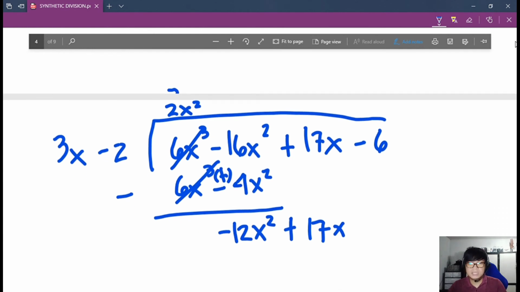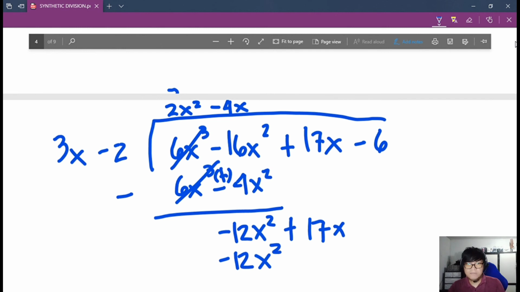Next, negative 12x squared divided by 3x, that's negative 4x. So, negative 4x times 3x, negative 12x squared.